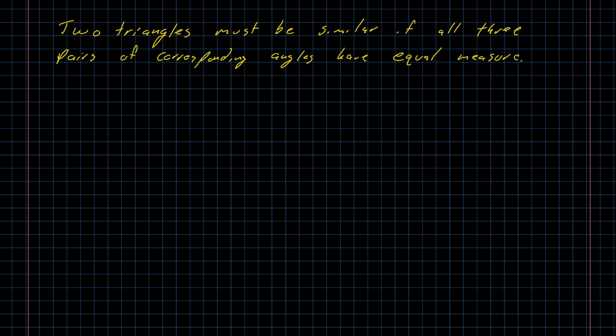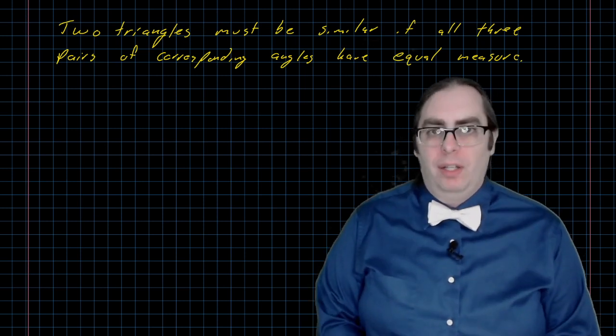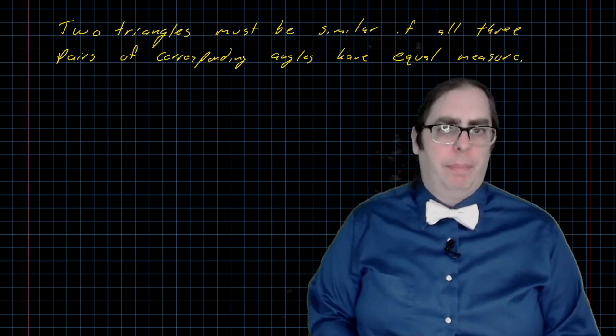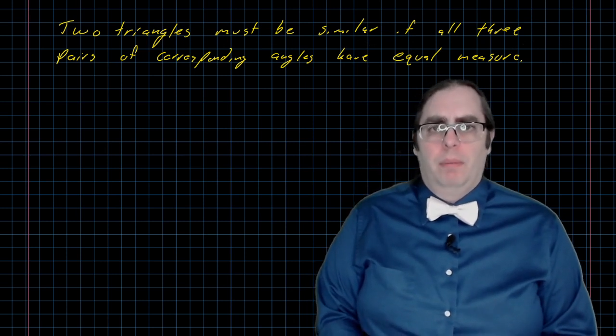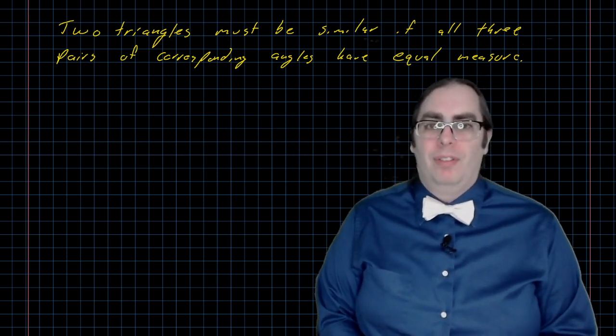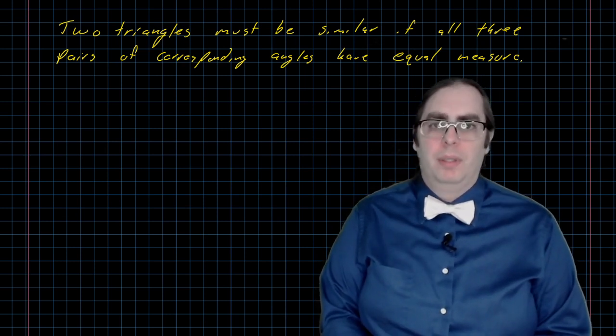Two triangles must be similar if all three pairs of corresponding angles have equal measure. Here's the phrase corresponding angles again. We talked about that when we talked about parallel lines, and the meaning is different here. But at the same time, it's the same meaning. You just have to be a little bit more abstract about what you mean by the same.